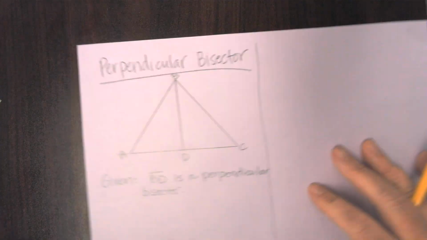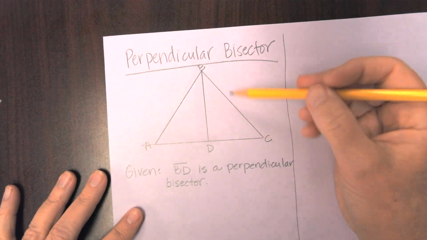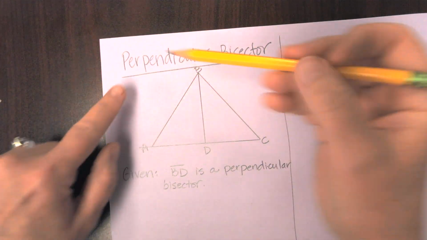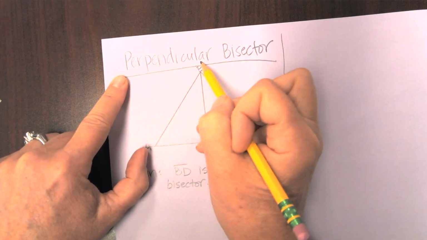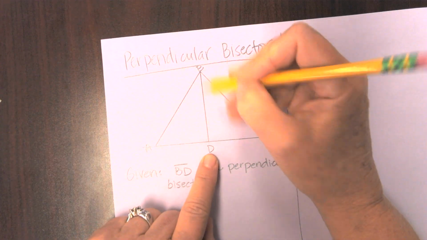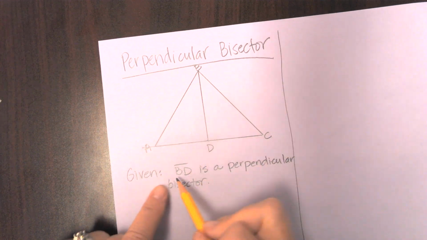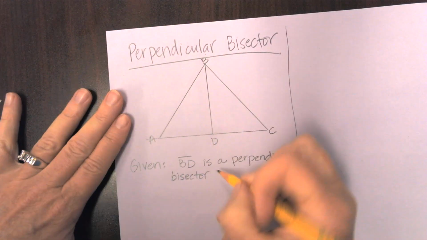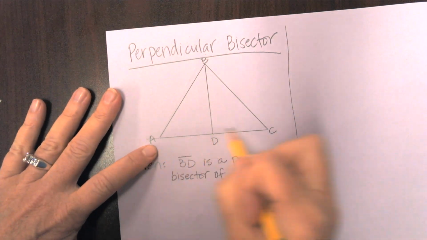Okay, a third one that we're going to look at is the perpendicular bisector. A perpendicular bisector is a line that is perpendicular to another line. So BD is a perpendicular bisector of line AC.